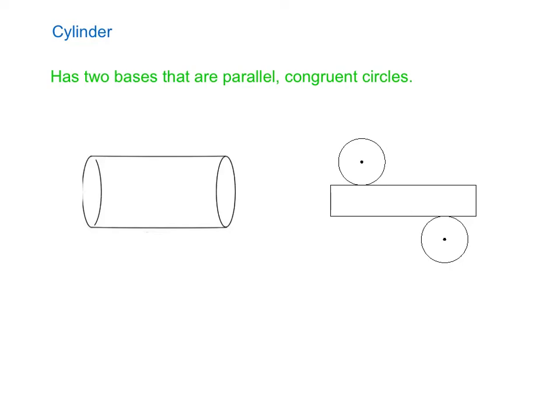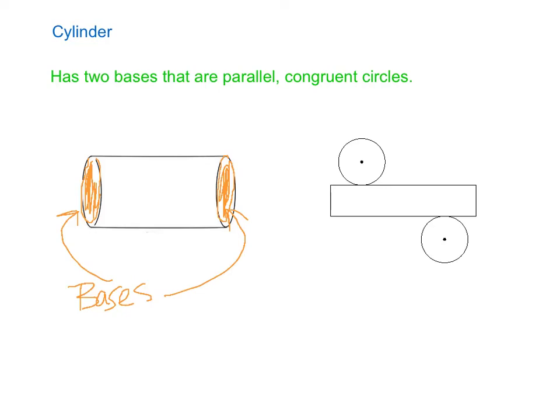Cylinders are another type of common solid. They have 2 bases that are parallel, so they would never intersect, and they're also congruent circles. So looking at this cylinder, shaded in orange is one of the bases, and here is the other. They're both congruent and parallel. So that's a base, and that's a base.